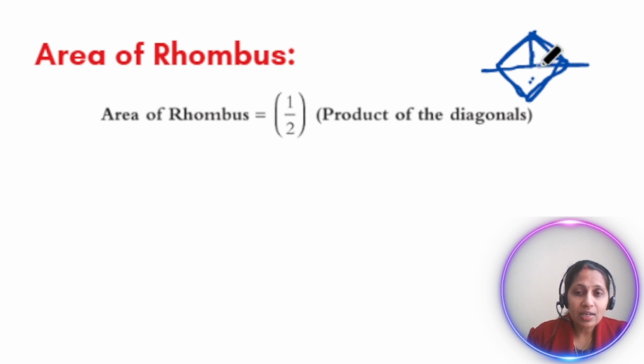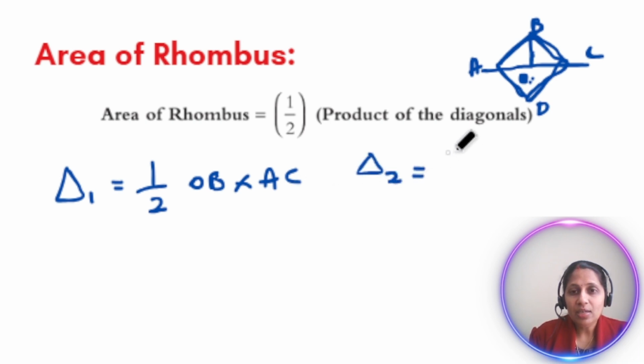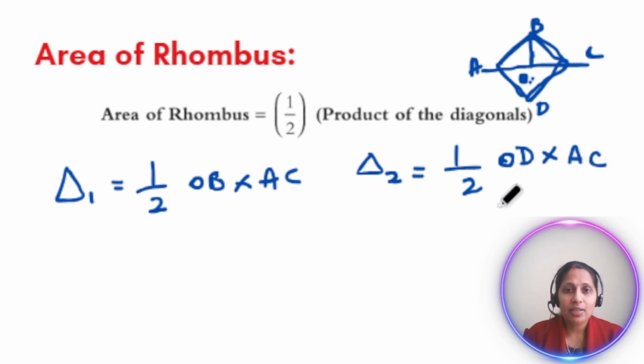Take the vertices as O, A, B, C, D. Triangle 1, the top triangle, is half of OB into AC. Triangle 2 would be half of OD into, again, AC, base into height. Normal area of the triangle, right? So the sum of these two triangles is nothing but your rhombus.